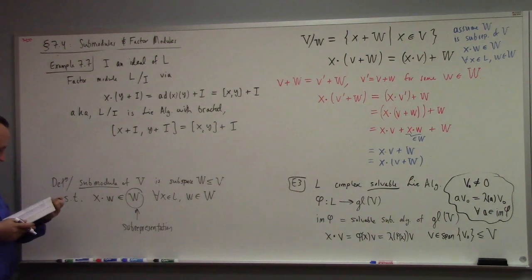He says, so regarded as an L mod I module, the factor module L mod I is the adjoint representation of L mod I on itself.